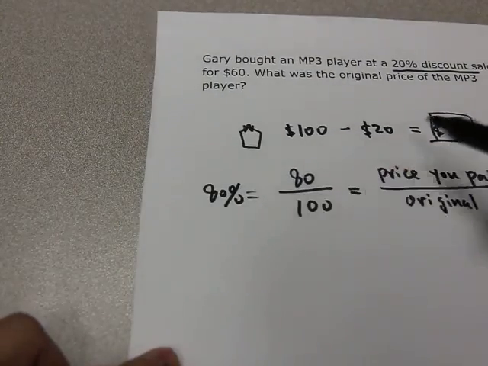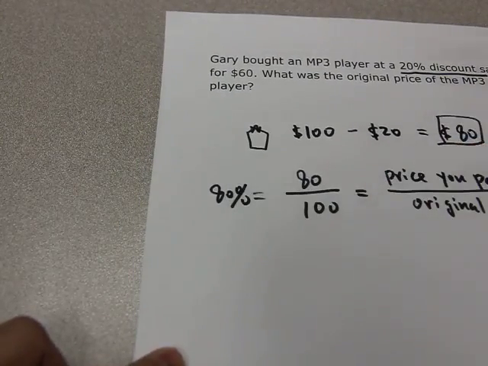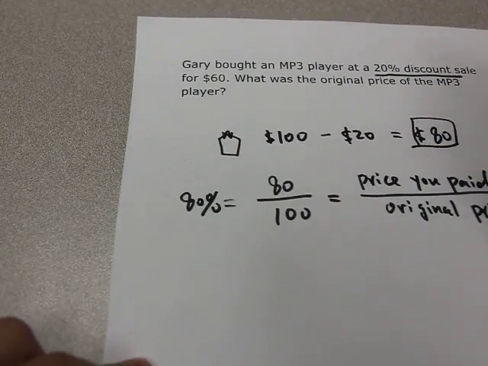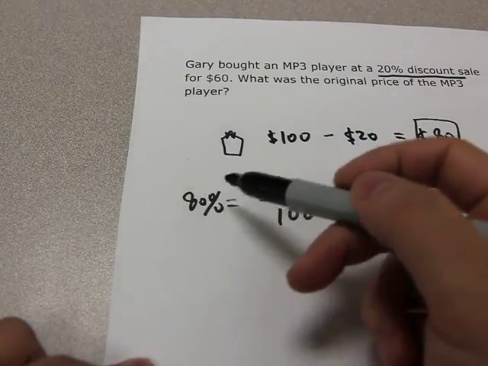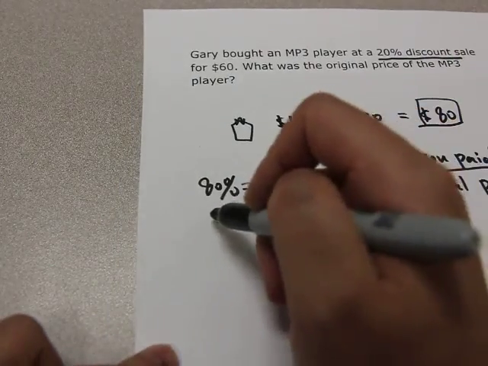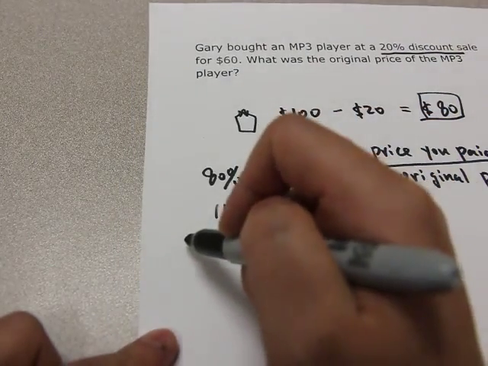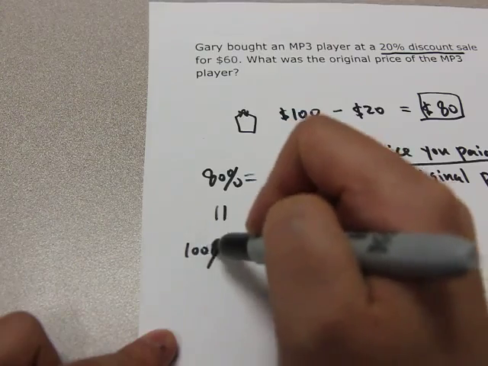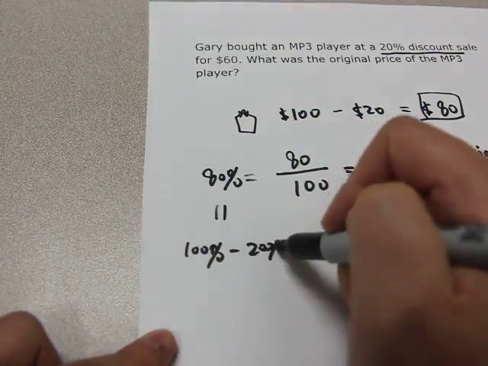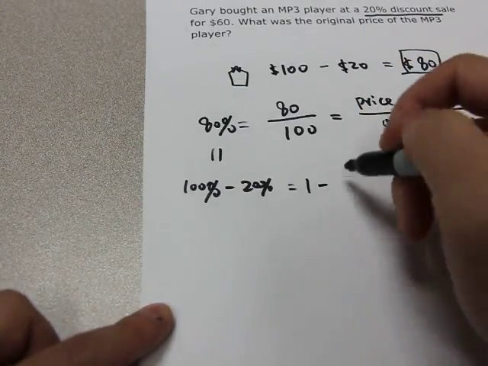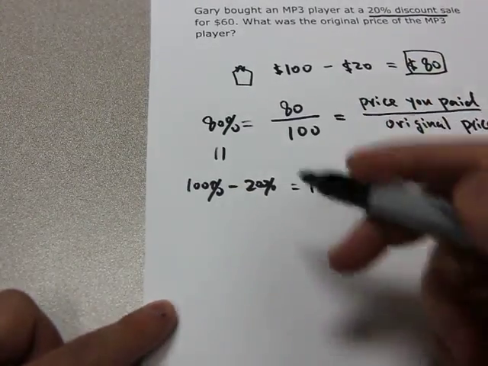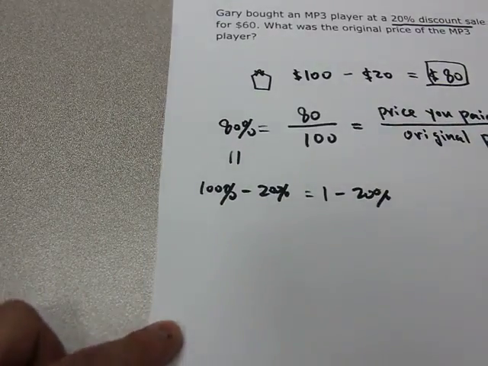And now, since remember we have a 20% discount, right? So how can we relate the 20% discount with the 80% discount? This will be equal to 100% minus 20%, which is 1 minus 20%, right? Because 100% is 1.